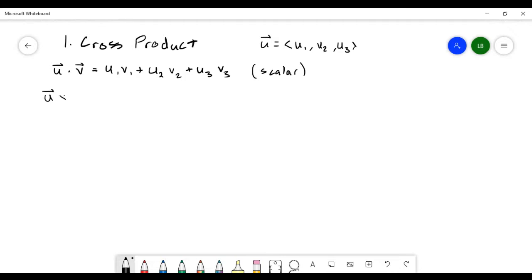Well, u cross v is a second way to multiply these two vectors, except instead of giving you a scalar, it gives you a vector as its output.